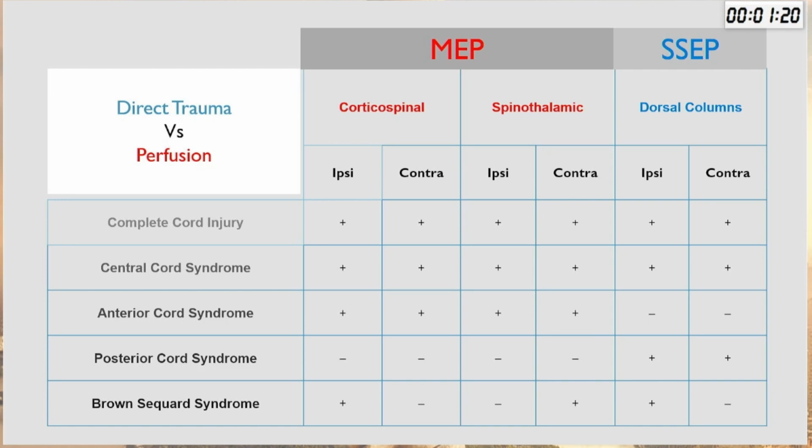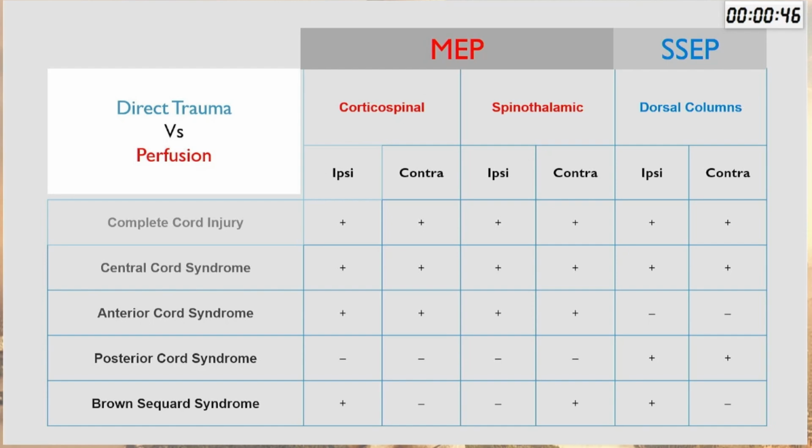Now with the knowledge that we have right now, let us correlate things. Usually, the motor evoked potential is a reflection of the anterior cord, where we monitor the corticospinal tract. So we replace the corticospinal and the spinothalamic by what the neurophysiologist sees on his screen, which is the motor evoked potentials. And what reflects the dorsal column is the somatosensory evoked potentials.